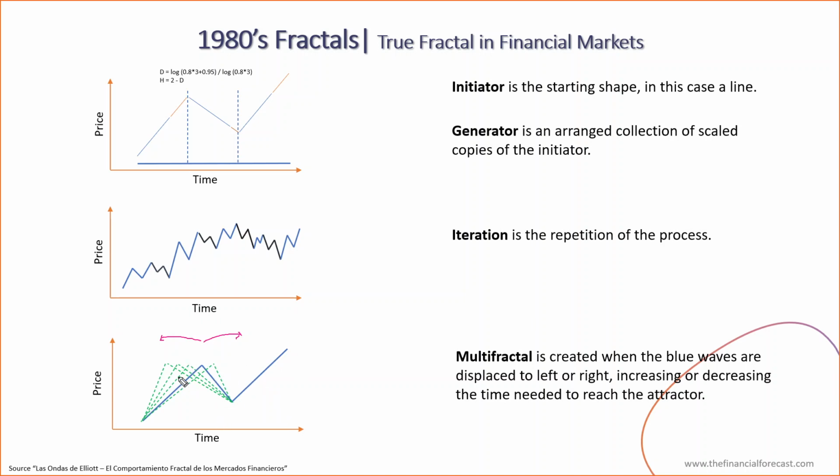And that will have consequences also on how the corrective wave will develop. Why? Because if we have a very fast wave, we can expect a very slow corrective wave. And the opposite: if we have a slow motive wave, then we can expect a fast corrective wave.